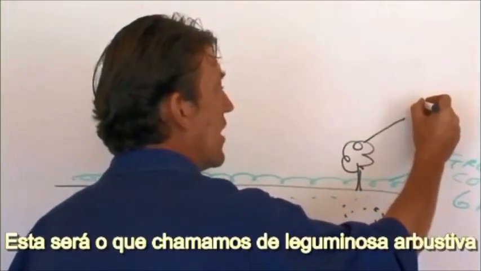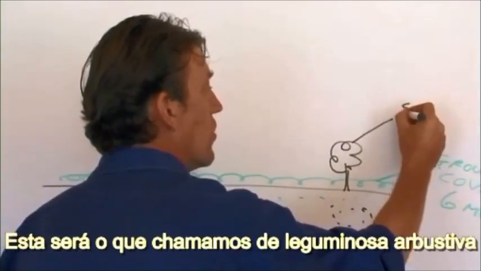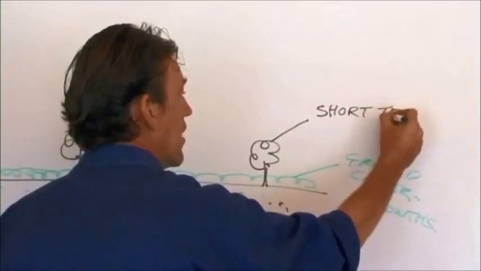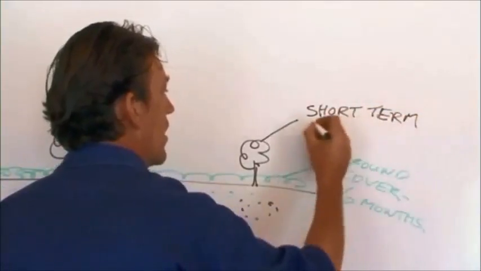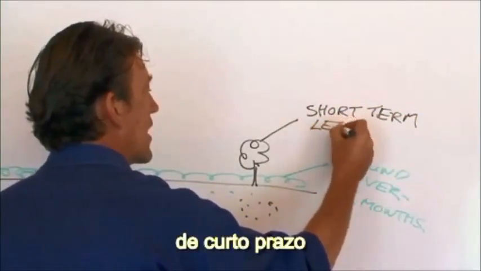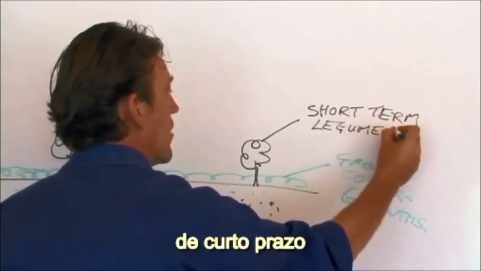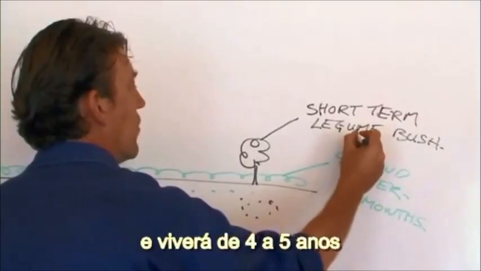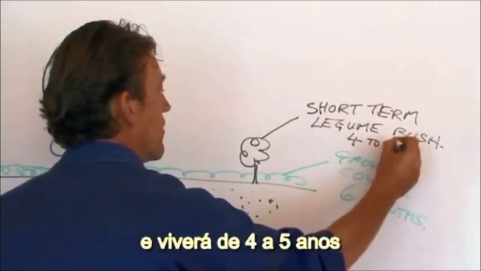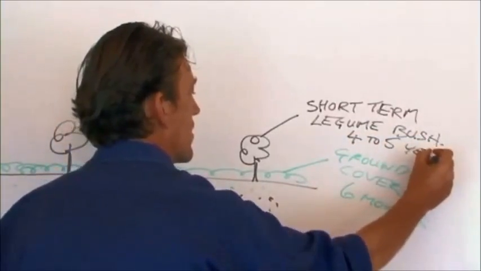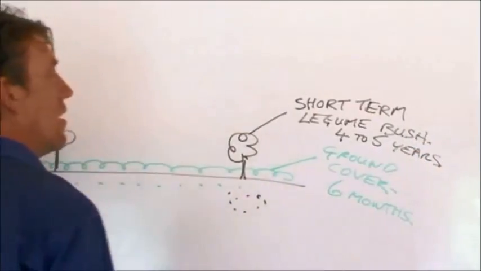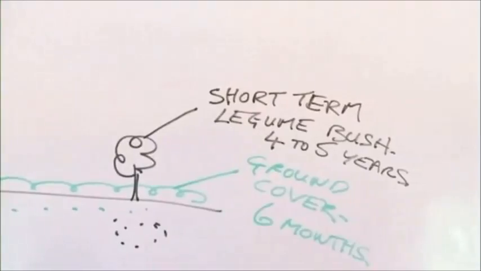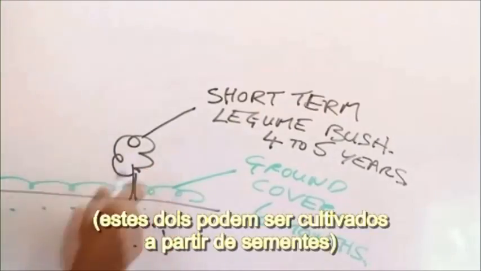So this would be what we call a short term legume bush, and it may live for 4 to 5 years. These two can be planted by seed.